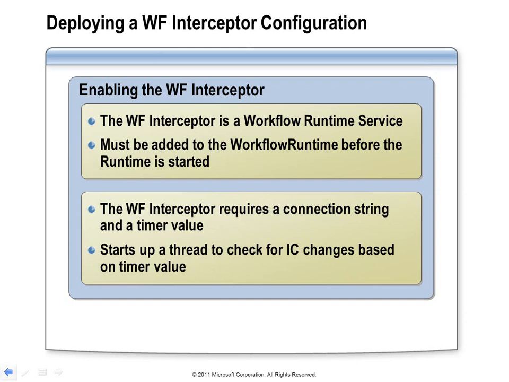So that service then will start up, we'll load up the interceptor configuration from the BAM database, and we'll then apply that as a tracking profile and begin to track those changes and make those updates. And based on the timer that we provided, it'll also go back and see if there have been any changes to the interceptor configuration so that it can keep current on the items it's supposed to be tracking.